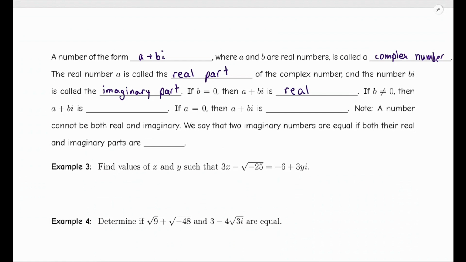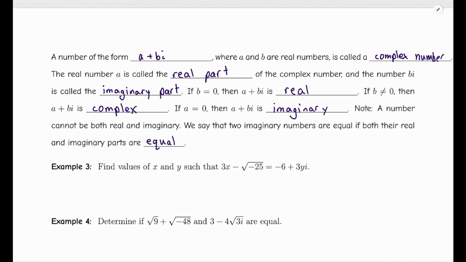If b is not equal to 0, then a plus bi is complex. If a equals 0, then a plus bi is imaginary. Note, a number cannot be both real and imaginary. We say that two complex numbers are equal if the real and imaginary parts are equal.